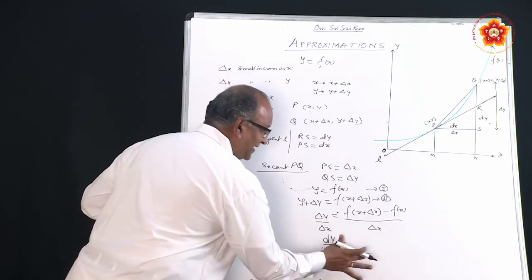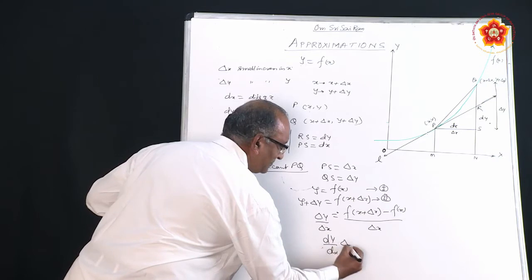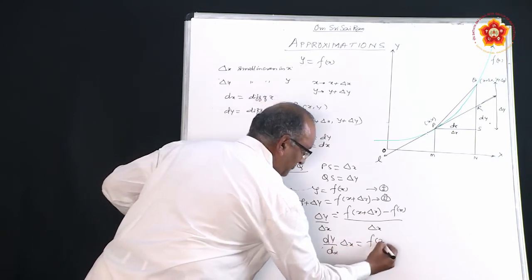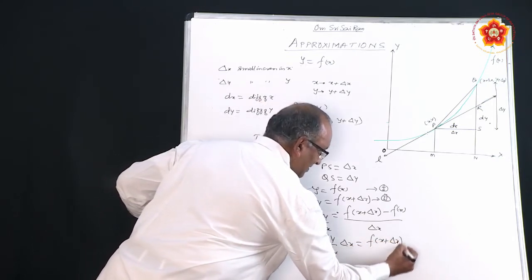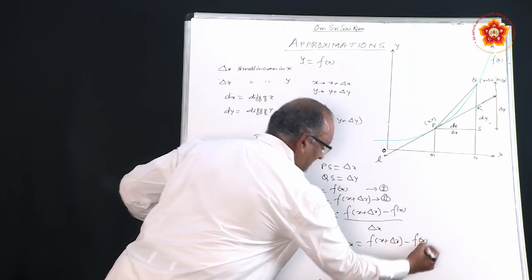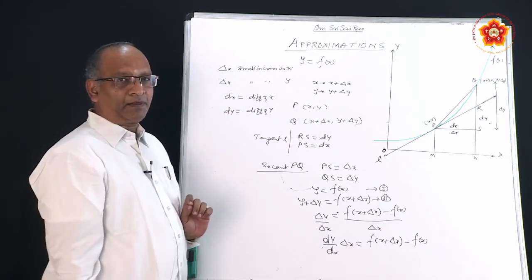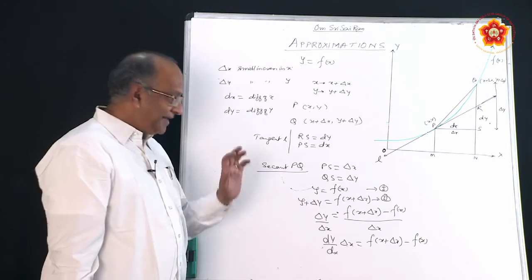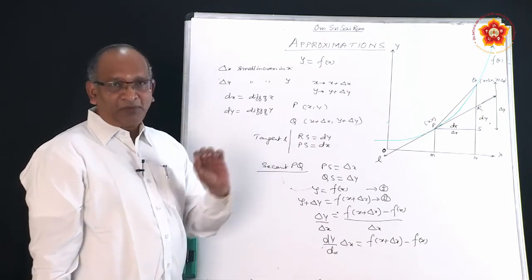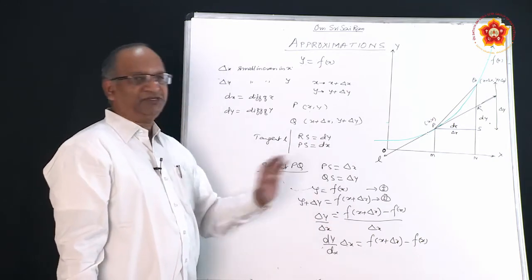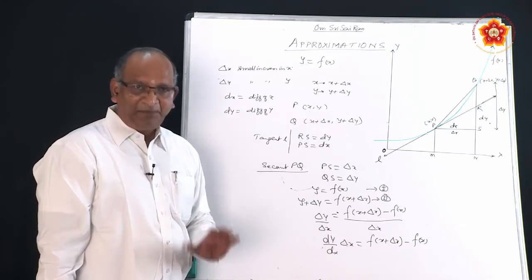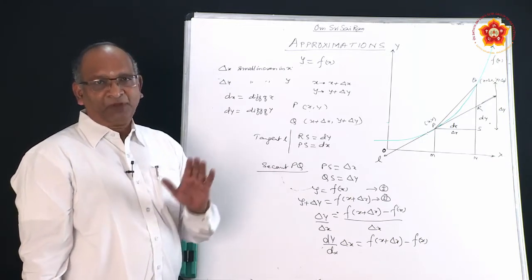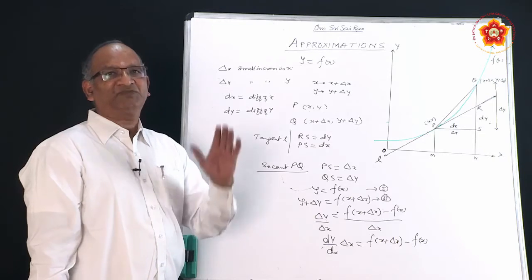And if you take delta x to this side, it will be delta x times dy by dx equal to f of x plus delta x minus f of x. And then we come to a formula with the help of this relation, which will help us to find out the approximate values of various functions.